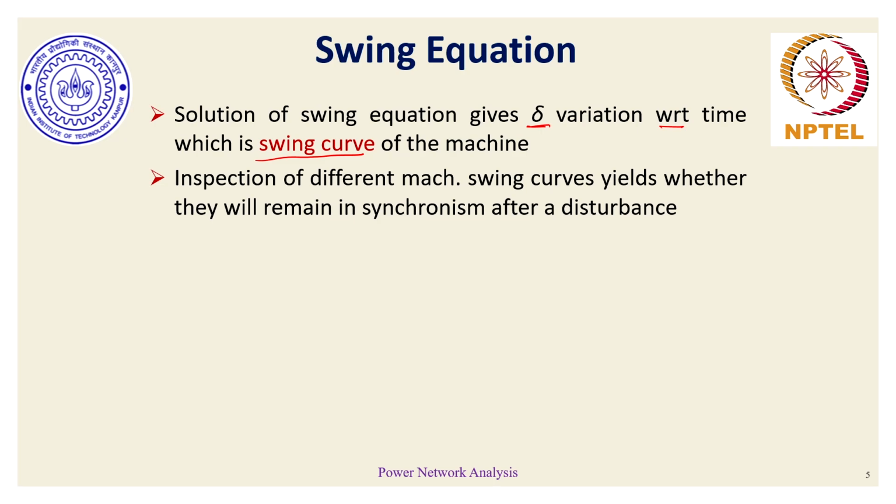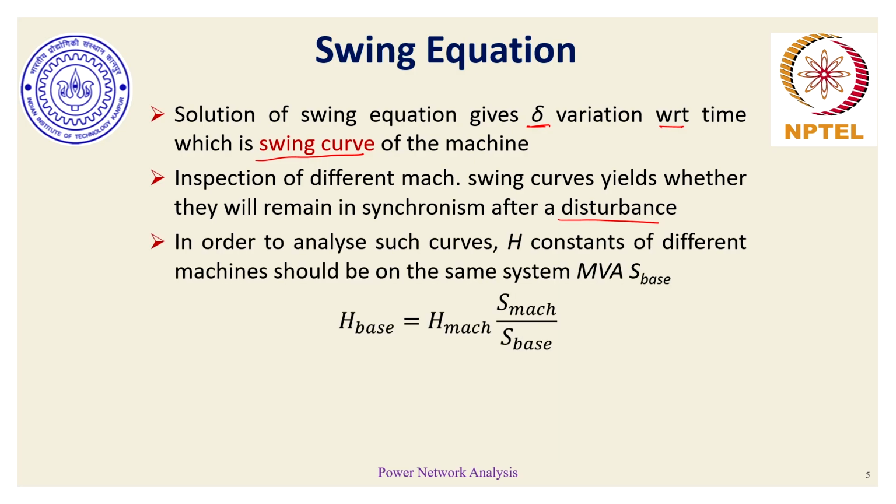Inspection of this swing curve for different machines indicates whether these machines would remain in synchronism. That means whether the rotor angle differences will retain the same steady state value or whether they would increase or decrease with respect to a particular disturbance premised by an initial operating condition.